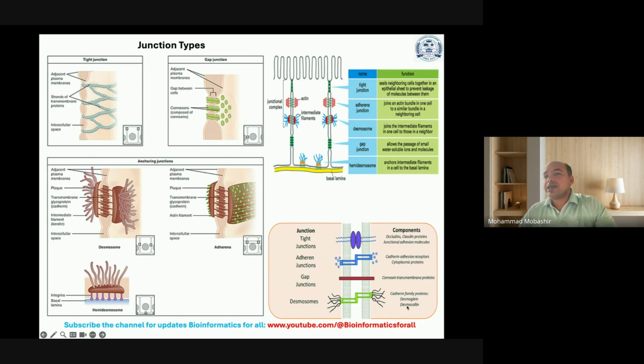These are more than enough up to +2 level to understand, and you can make hundreds of questions from here. So try to understand these figures and their functions and their components only.